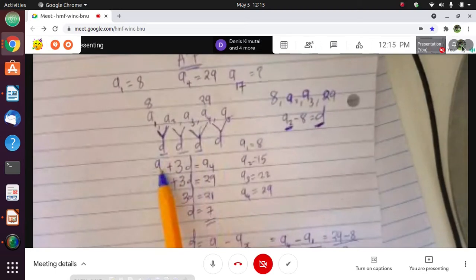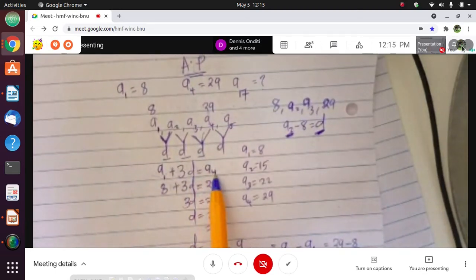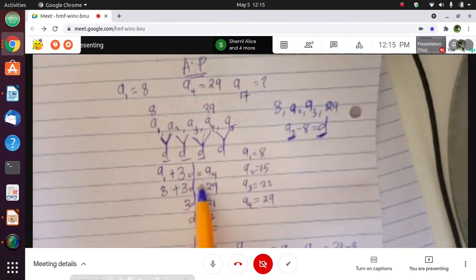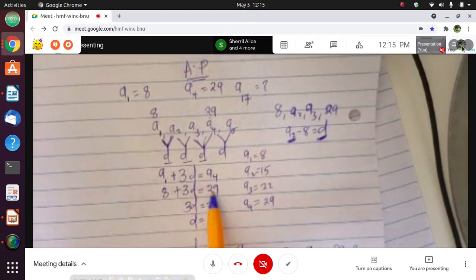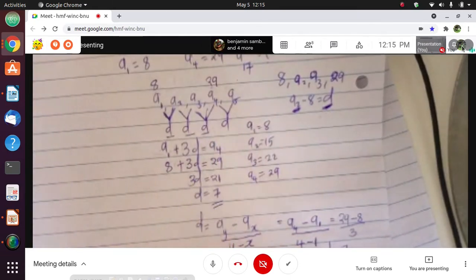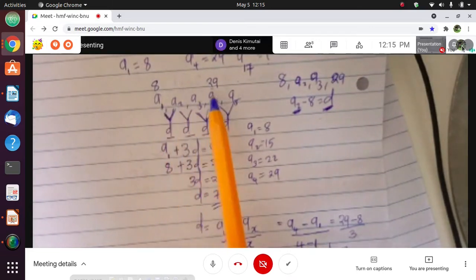Now, A1 plus 3 common differences should give us the fourth term, A4. The first term is 8, plus 3 common differences should give us the fourth term, which is 29. Therefore, the common difference in this sequence is 21 divided by 3, which is 7.